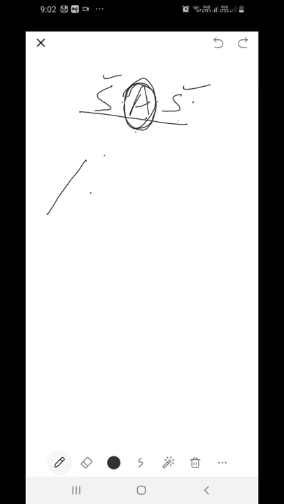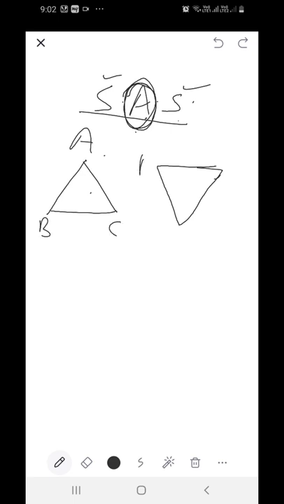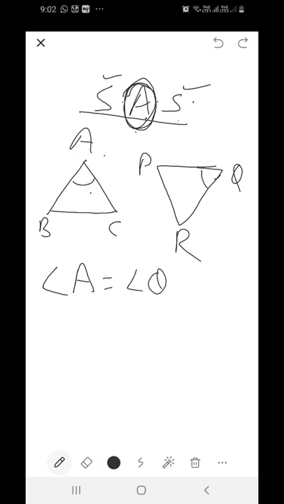I'm doing it with one example. Suppose this is triangle ABC and it is PQR, and I write that angle A is equal to angle Q. Suppose it is given that angle A and angle Q are equal to each other.